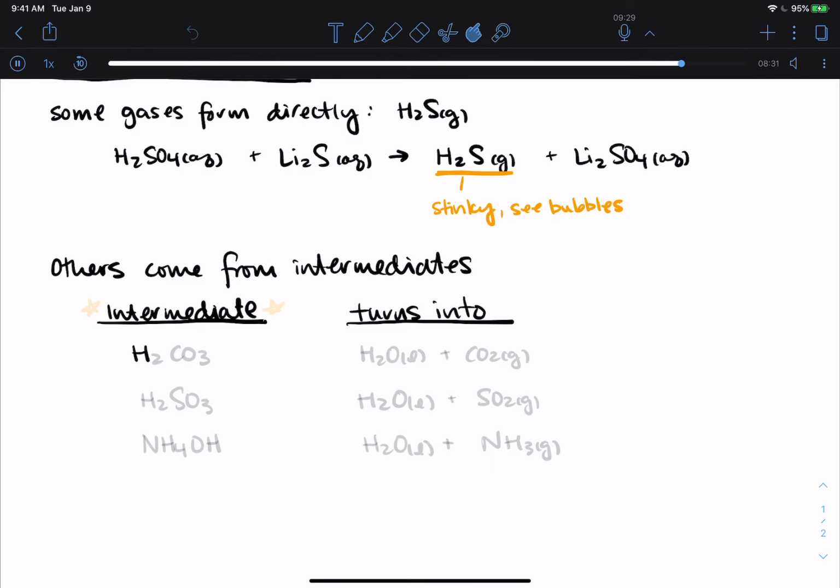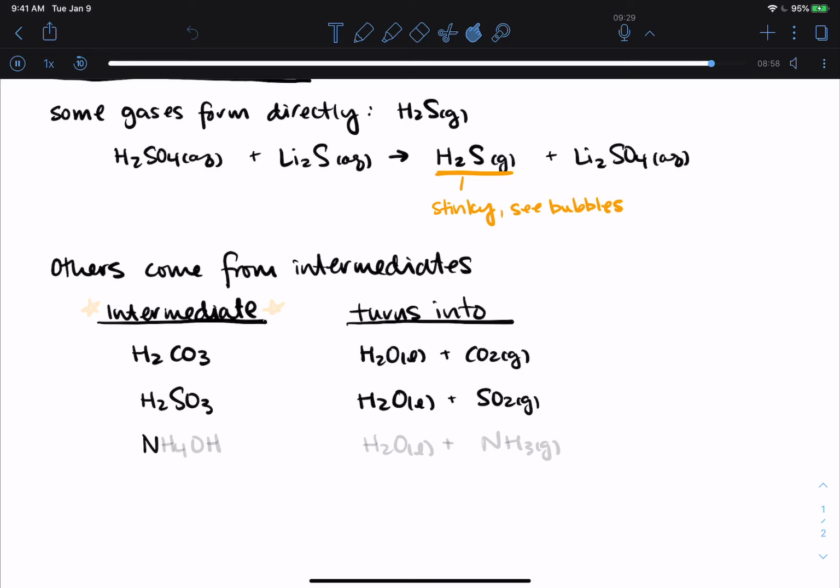So if you form H2CO3, this will turn into liquid water and carbon dioxide gas. If you form H2SO3, it will turn into H2O liquid and SO2 gas. Hopefully you're seeing a pattern here.